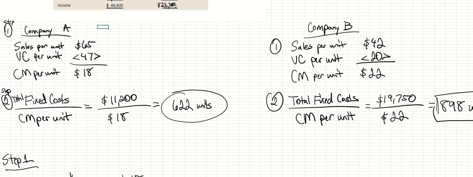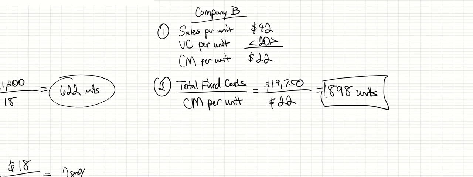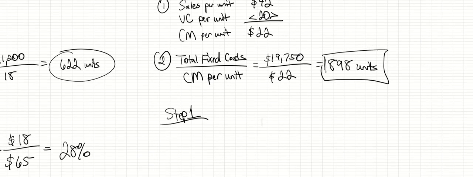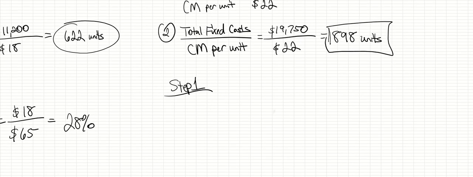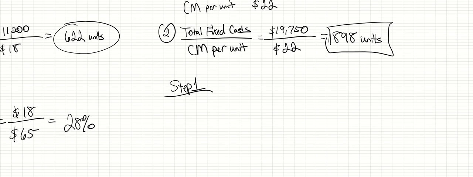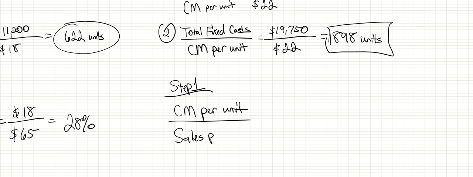Now we move on to company B, and we're going to do the same thing. Step 1, we're going to have to determine what the contribution margin ratio should be. And so we're going to take contribution margin per unit divided by sales per unit. Okay, so our contribution margin per unit is $22.